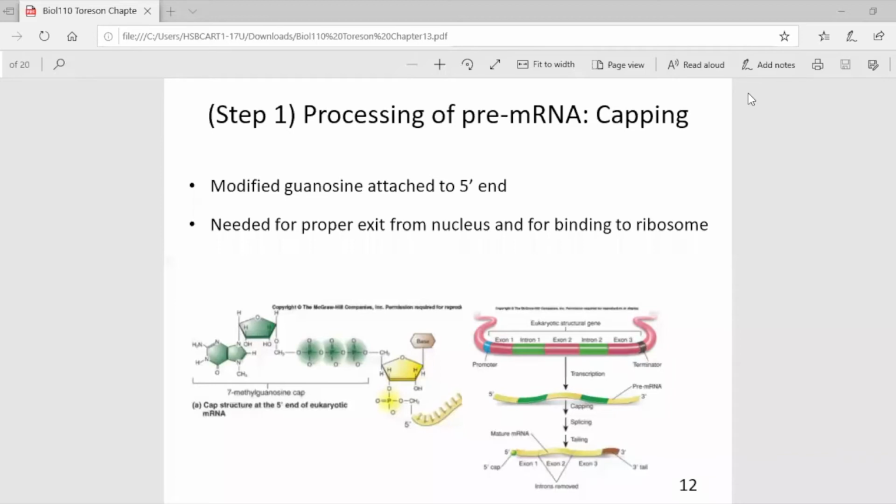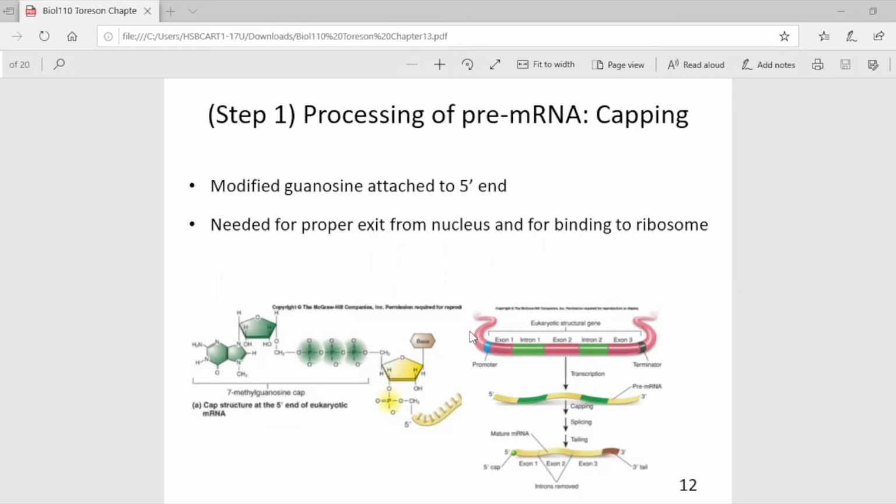Let's look at the post-transcriptional modification of capping. Capping is the addition of a special nucleotide, which is a modified guanosine, to the 5' end. So some people do call this the 5' cap. We can see this represented here on slide 12.